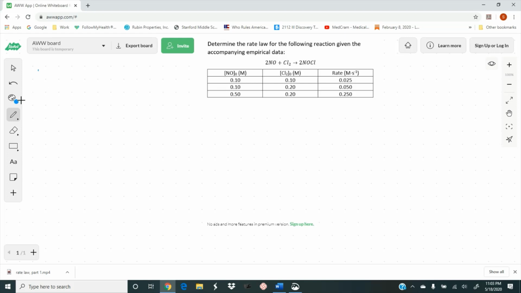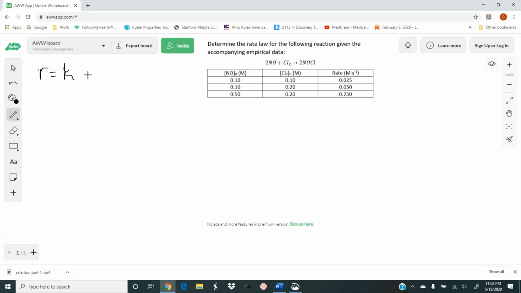Looking at this chemical equation, I can write that the rate law is going to take this form. R equals k, always R equals k, and that should be a lowercase k, in case you're wondering. Then I have two reactants in this equation.